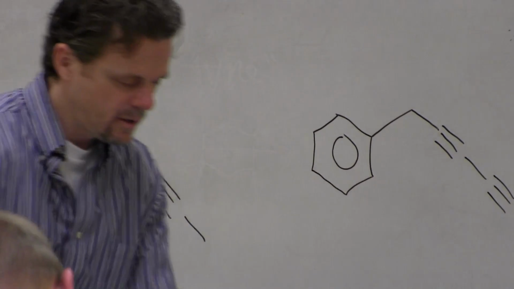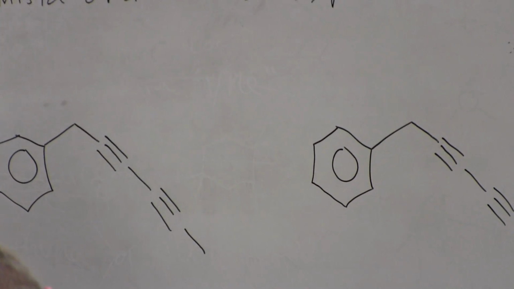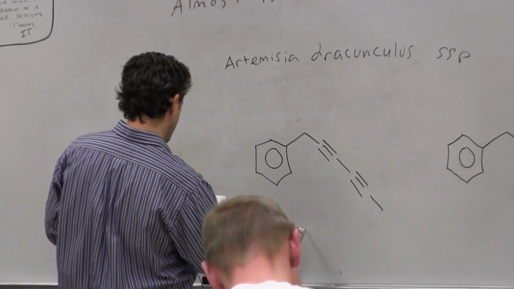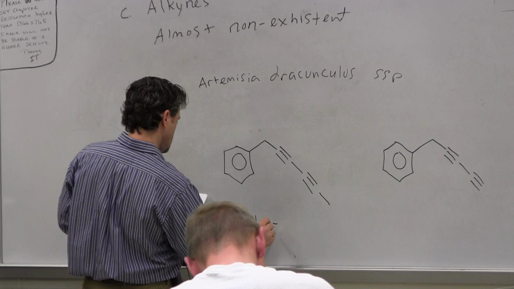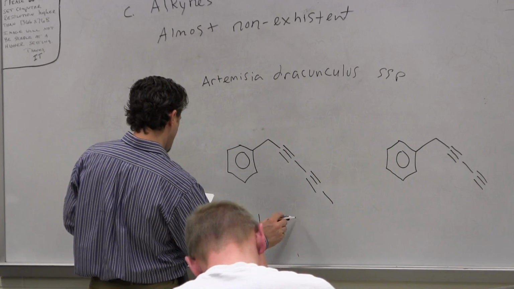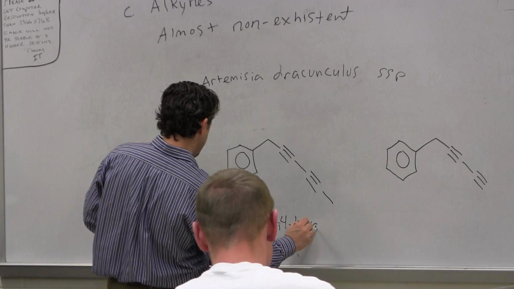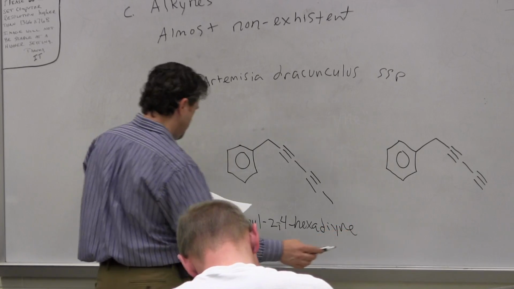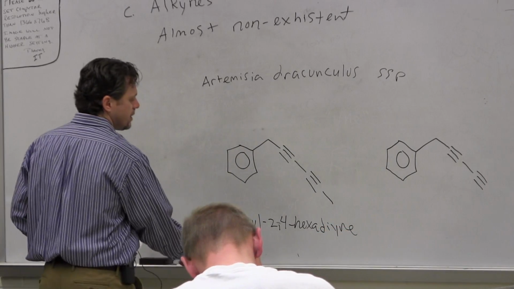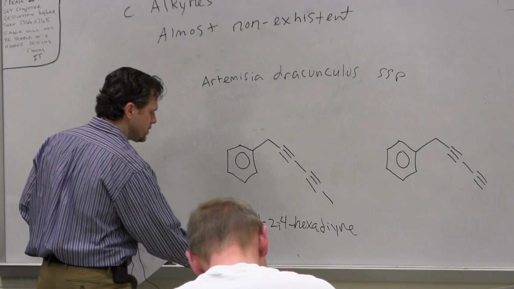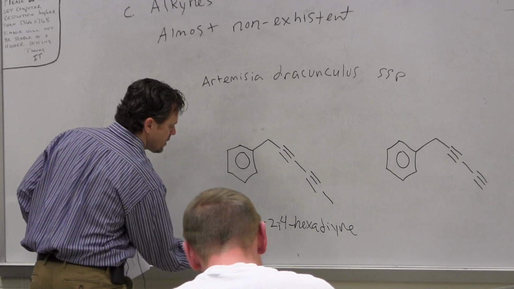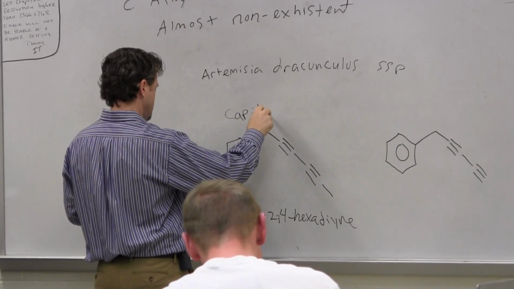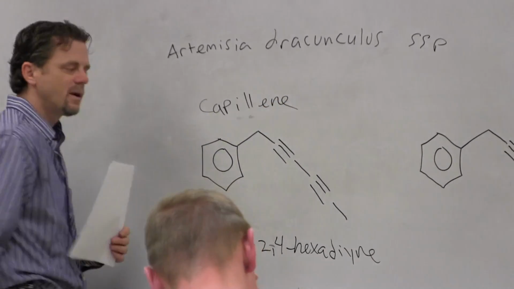And this one is called 6-phenyl-2,4-hexadiene. Also, now, no one refers to it as that in essential oils. They call it capylene. Let me write that. Another name that I don't like, but it's what it's called. And why is that a bad name for that molecule?